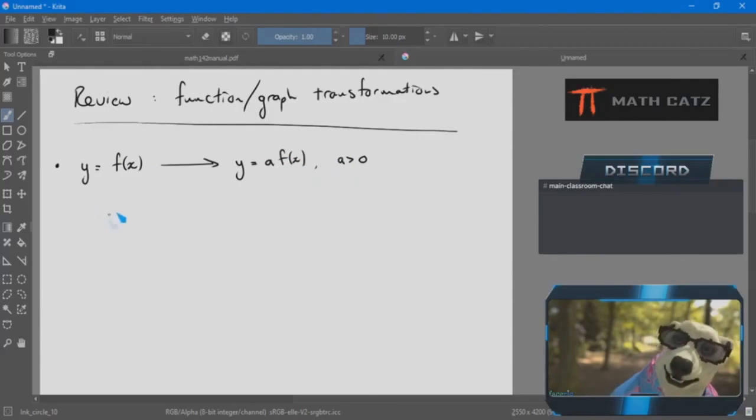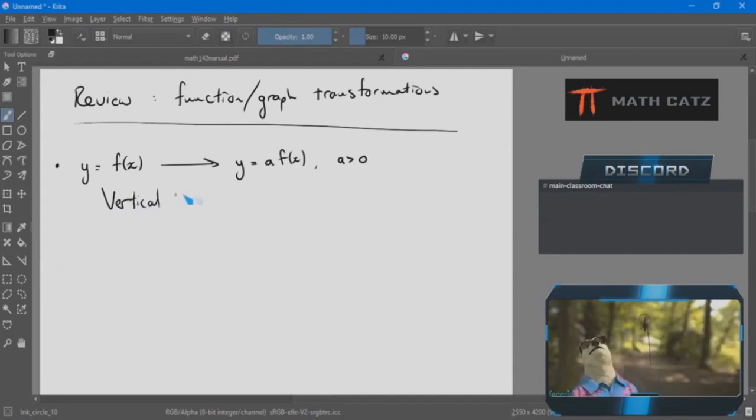Then the resulting graph undergoes vertical, I want to emphasize, vertical stretch or compression depending on the size of a. If something is done to the whole right-hand side, then some vertical transformation is happening to the graph.